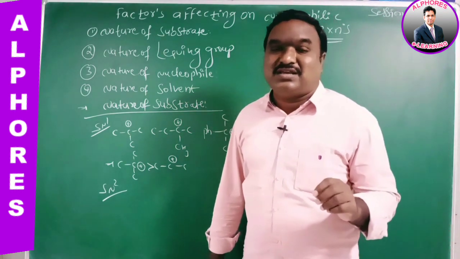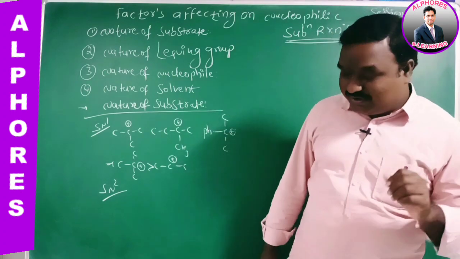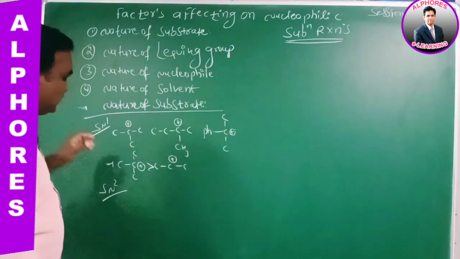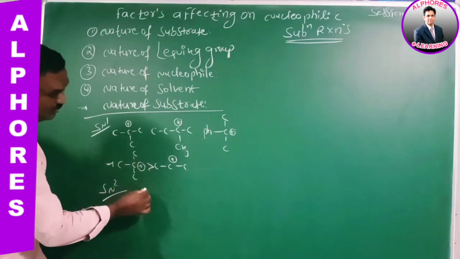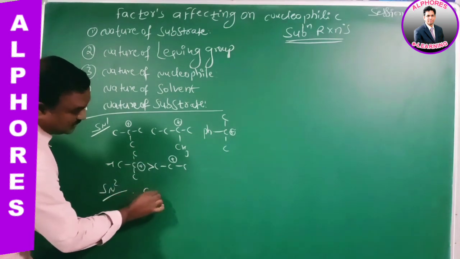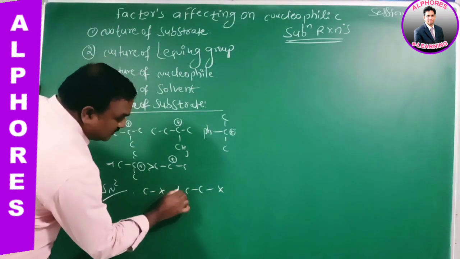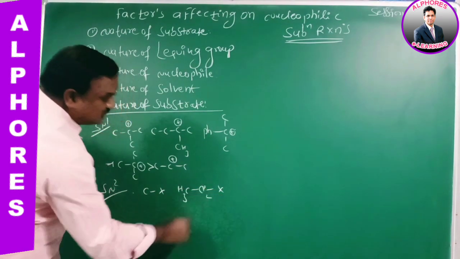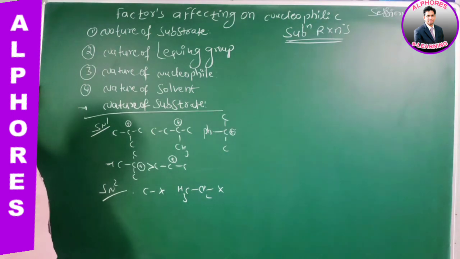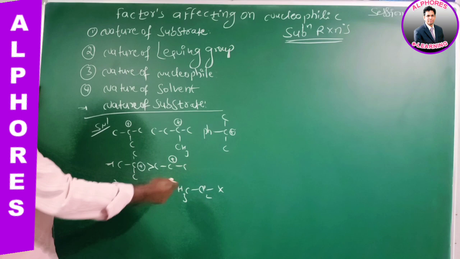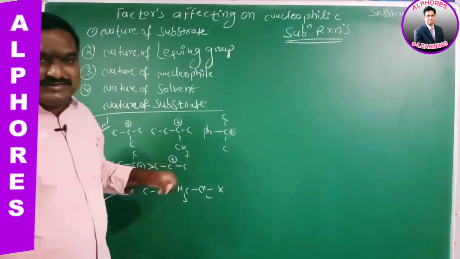For example, here CH3X is given, here CH3CH2X is given, like this. So this one is more favorable when compared to the remaining alkyl halides.